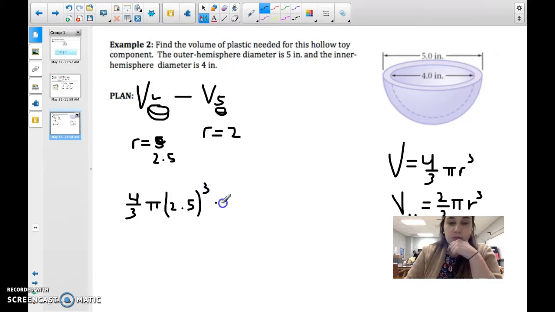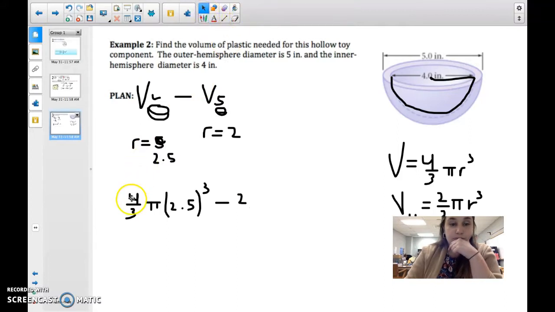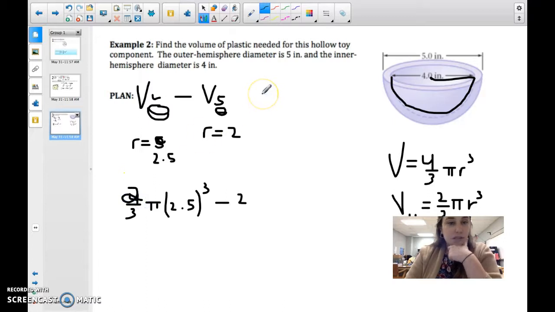Cubed. And then we're going to subtract that inner hemisphere, this guy here, where the radius is 2. So that's, oh, I put it, hold on. I put 4/3, I meant to put 2/3. This is 2/3, because I can't find the eraser. Oh, here it is.